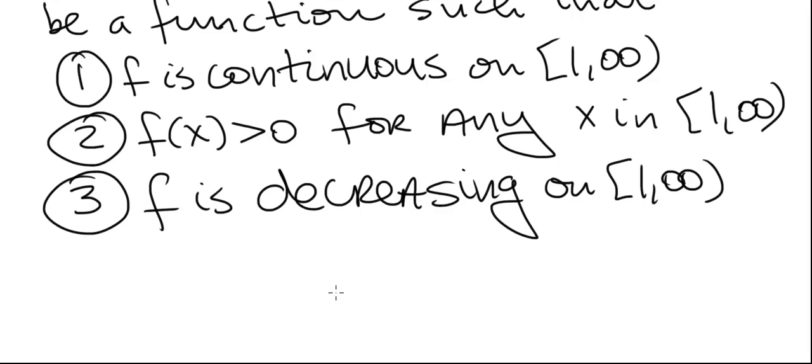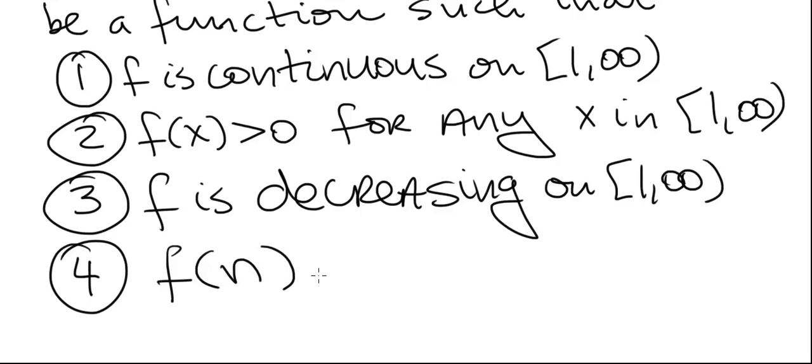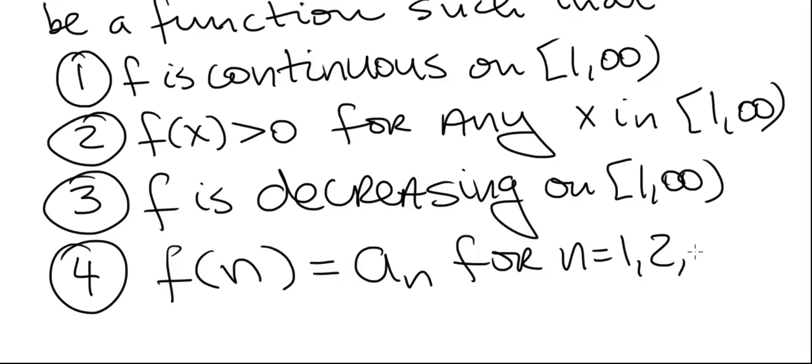The bigger the x, the smaller the f of x, or if we have to, we can take the derivative and show the derivative is negative on the interval. And the fourth condition is that if we plug a positive integer into our function, f of n produces the nth term of our series. So this is for n equals 1, 2, 3, 4, 5, and so on.